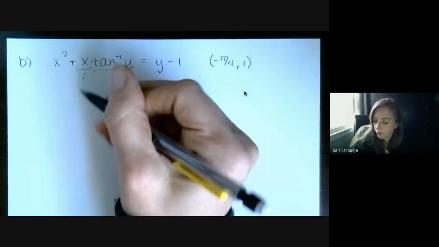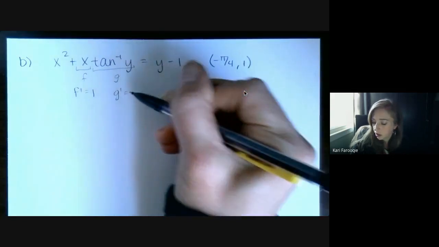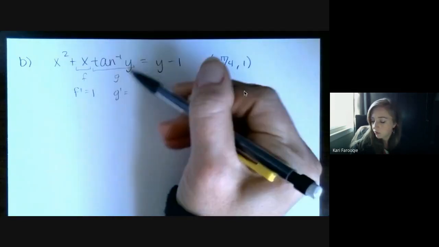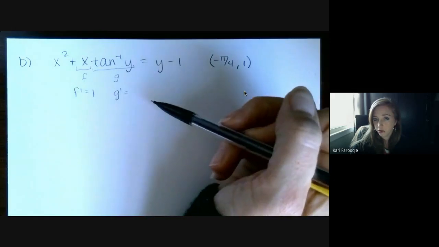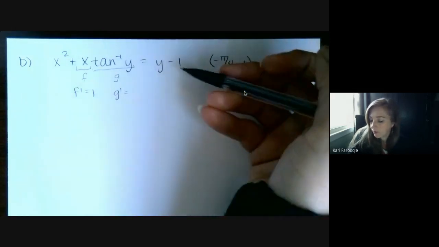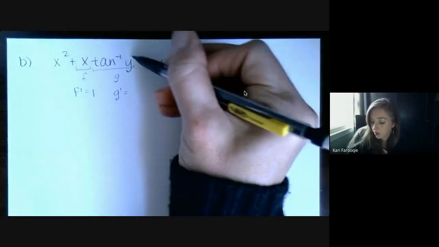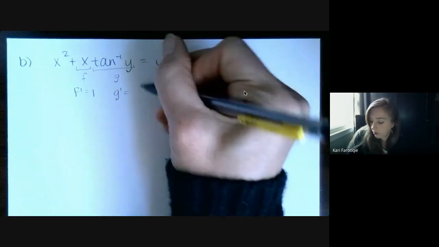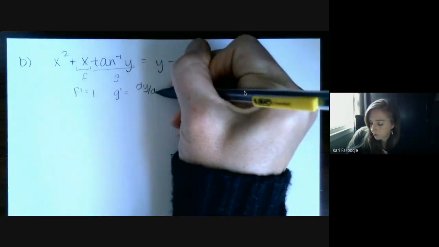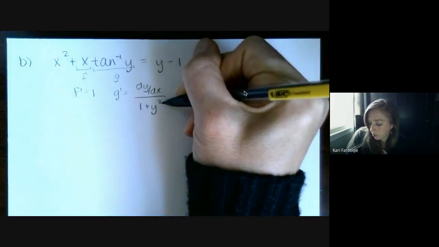That's product rule. F prime is 1. G prime, and remember here when you're taking the derivative of G, G includes the variable y, so it's going to need a dy dx on it. The inverse tangent will be u prime, which in our case is y prime, which is dy dx, divided by 1 plus u squared.